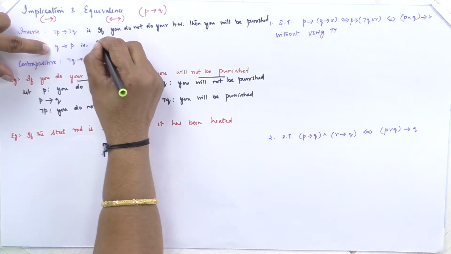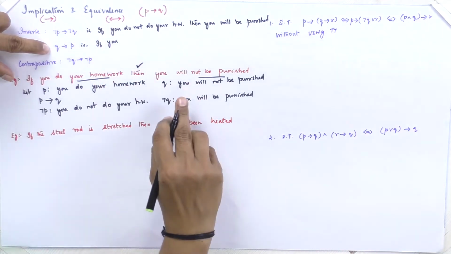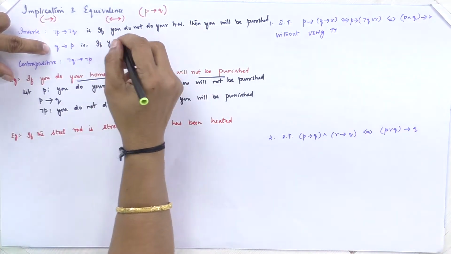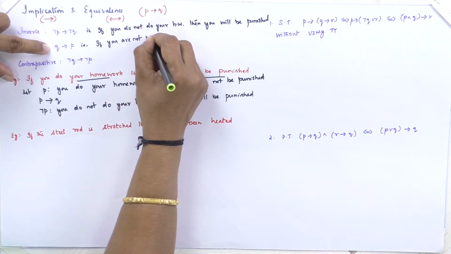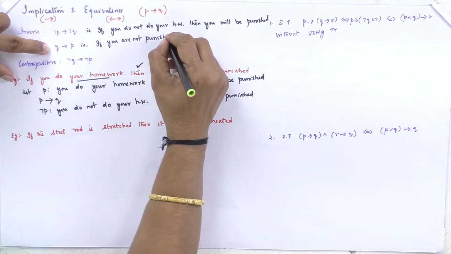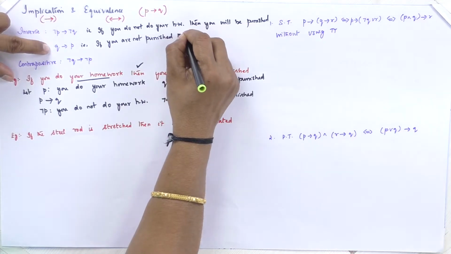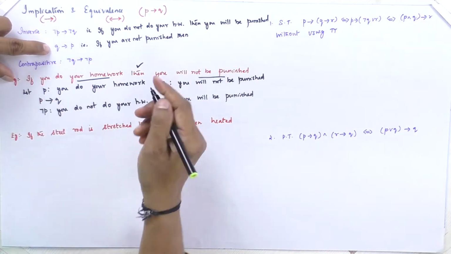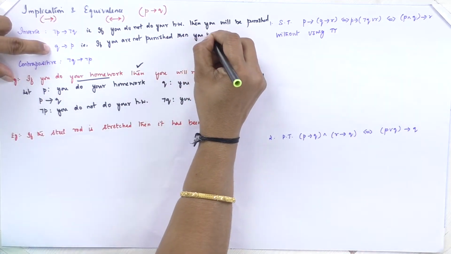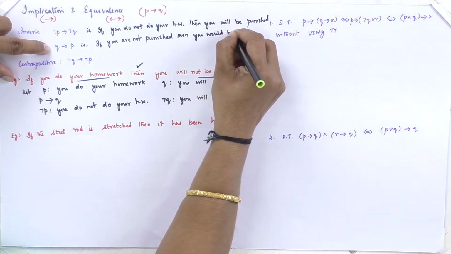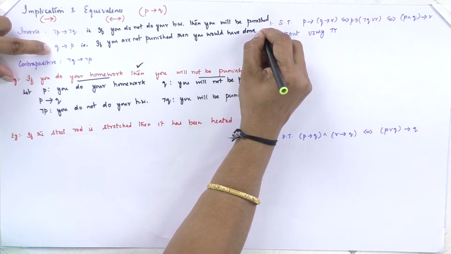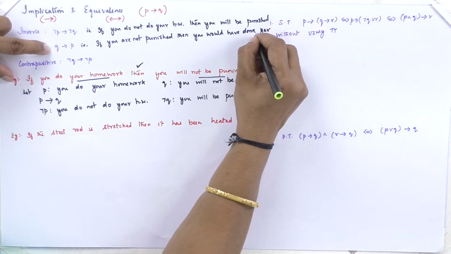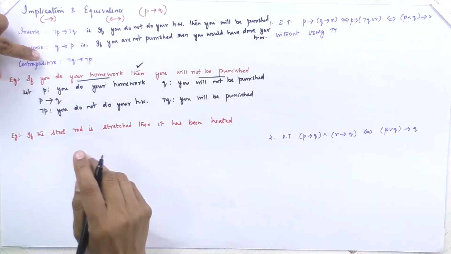If you are not punished, then you would have done your homework. That is the converse part.